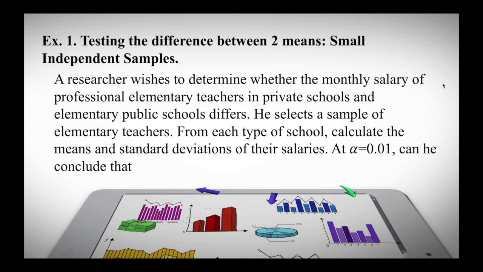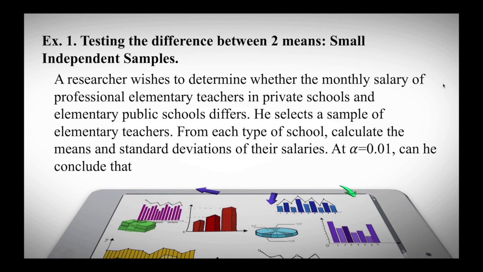And for the example, so let's have this example. Testing the difference between two means, small independent samples. A researcher wishes to determine whether the monthly salary of professional and elementary teachers in private schools and public schools differs.